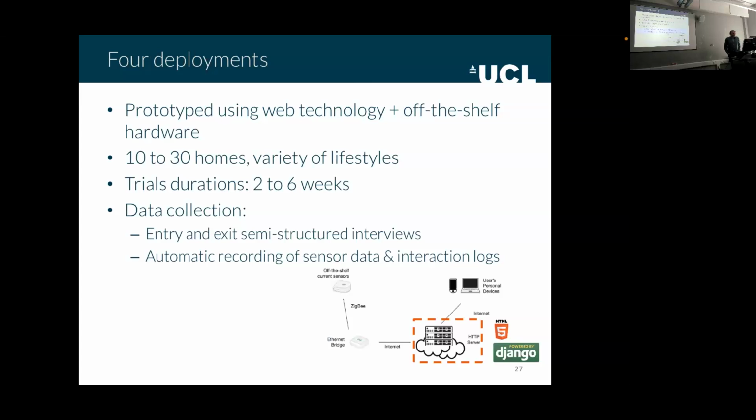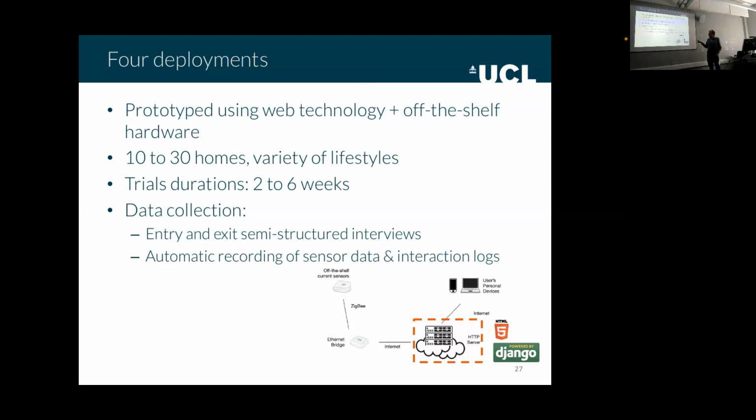We prototyped the systems using a combination of web technology, HTML, JavaScript, et cetera, and off-the-shelf or custom-made hardware, the sensors that we install in participants' homes. This means that we could quite inexpensively deploy the systems in 10 to 30 homes per trial. And we ran 4 trials for this collection of projects, which lasted between 2 to 6 weeks.